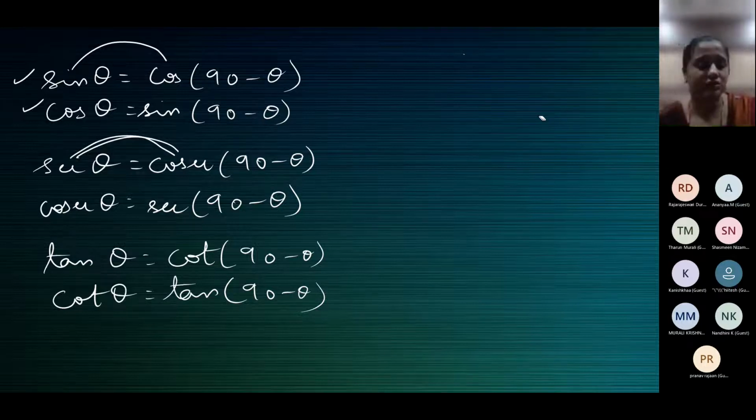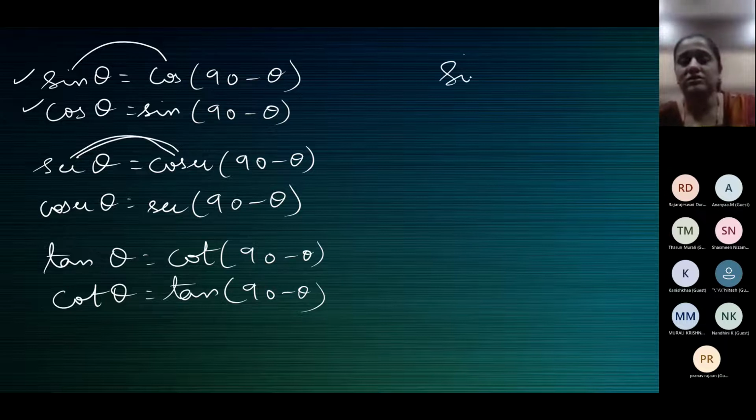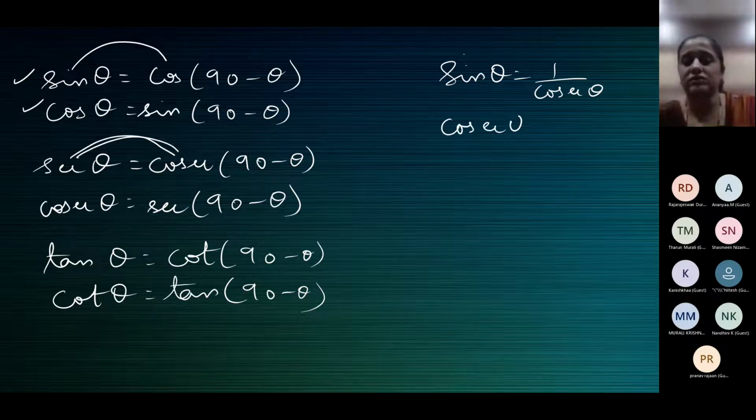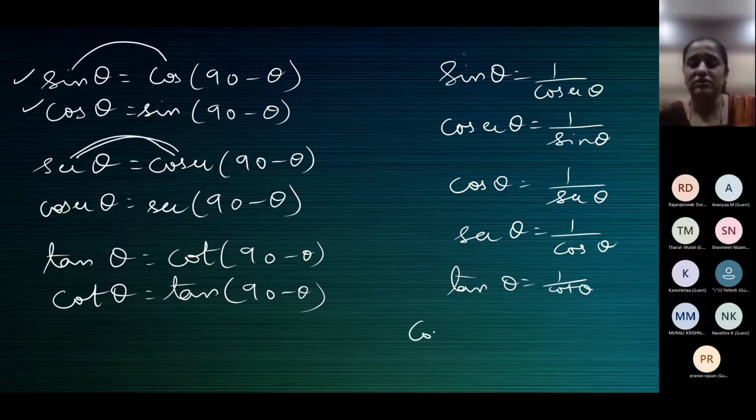The reciprocal ratios and the complementary ratios. Sin theta is equal to 1 by cosecant theta, or cosecant theta is equal to 1 by sin theta. Cos theta is equal to 1 by secant theta. Secant theta is equal to 1 by cos theta. Tan theta is equal to 1 by cot theta. Cot theta is equal to 1 by tan theta.